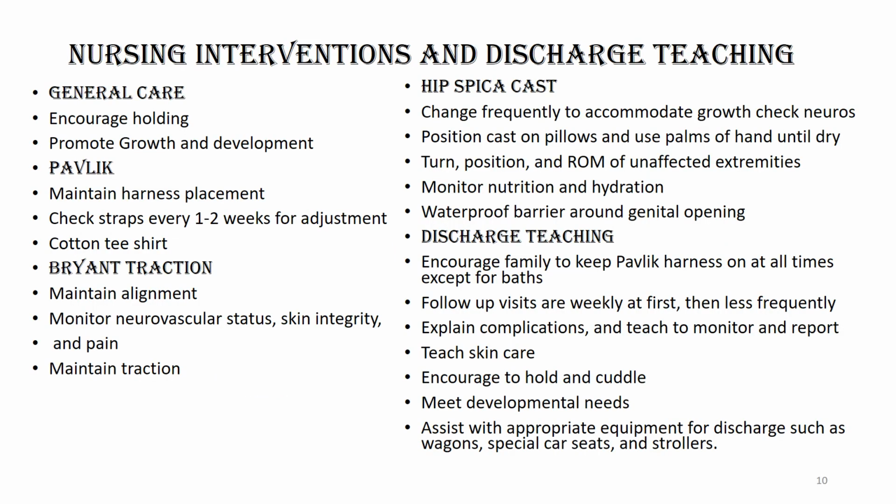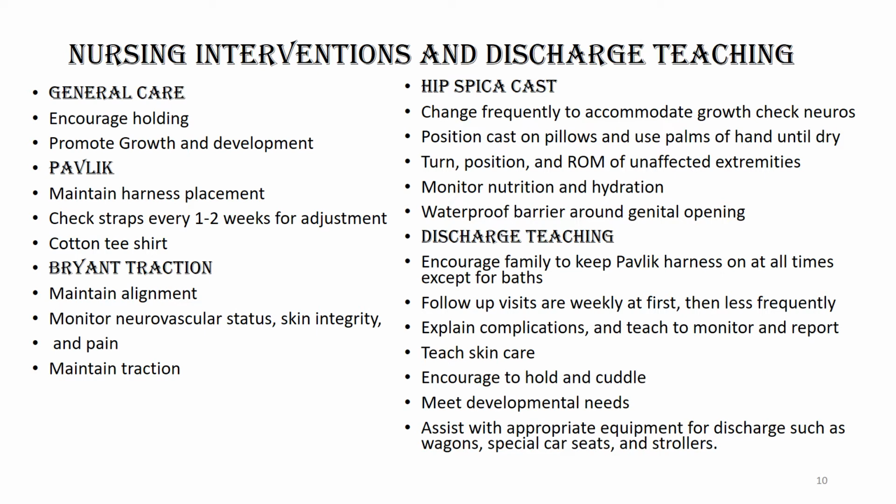Nursing care. Okay, in general, for any kind of procedure this child has, we have to promote growth and development and encourage holding of the child. For the Pavlik, we have to maintain the harness placement and teach the parents to do the same. The straps need to be checked every 1 to 2 weeks by the orthopedic nurse and adjusted for growing.